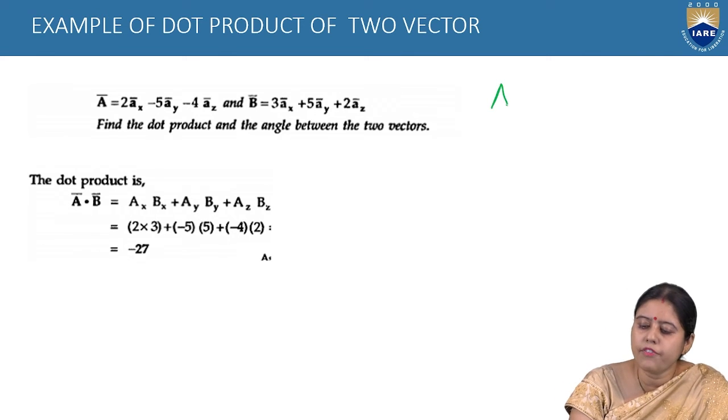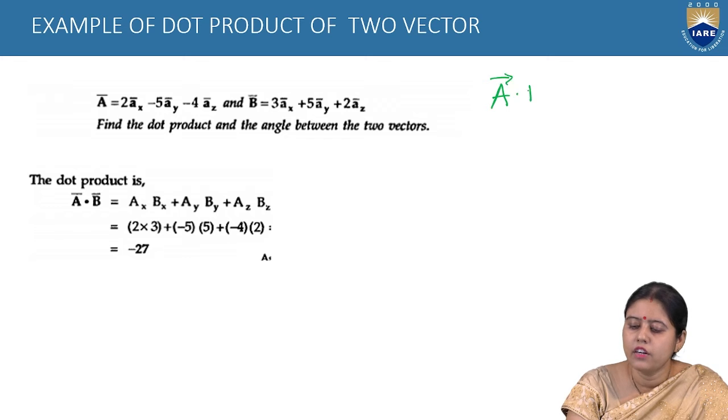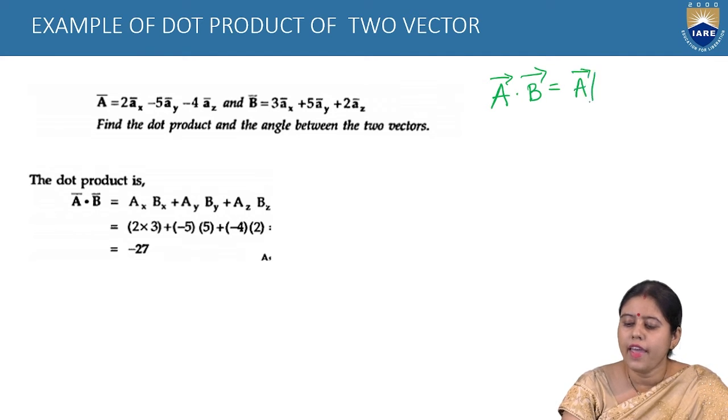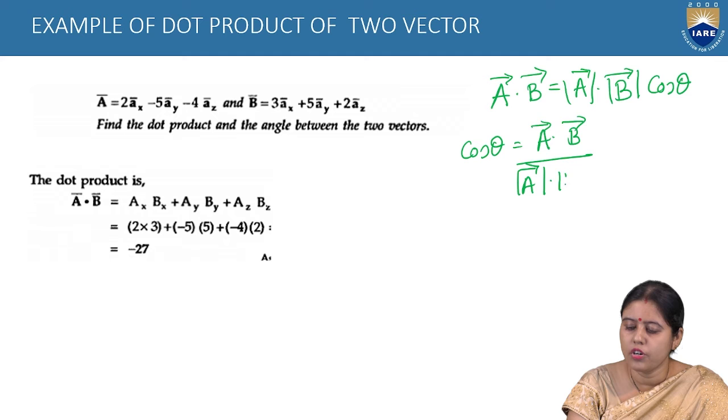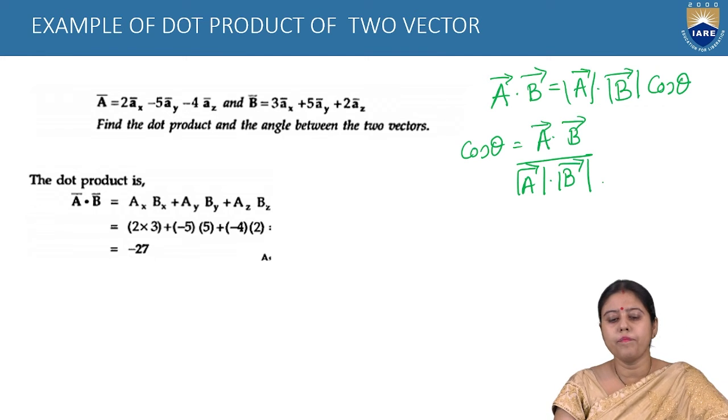And we know the formula A dot B is equal to mod of A, already discussed, mod of B cos theta. So what is the value of cos theta? A dot B divided by mod of A into mod of B. What is the value of mod of A?